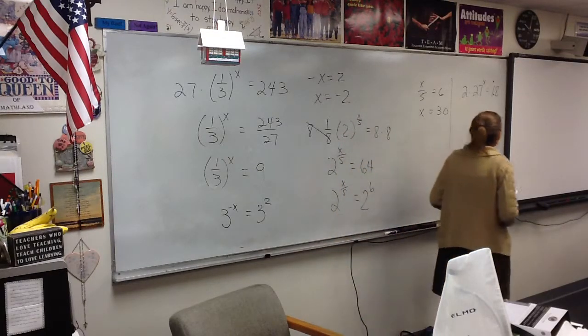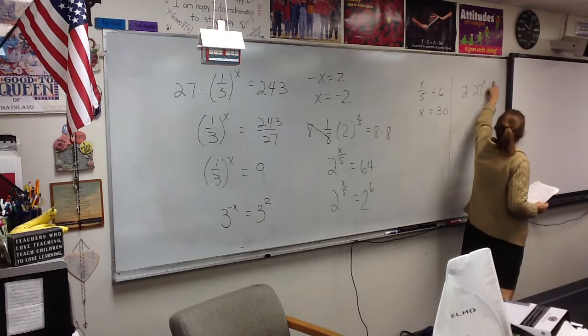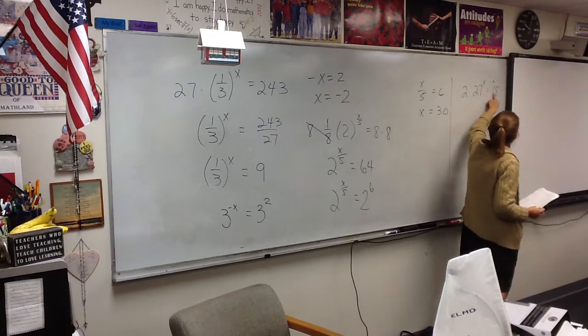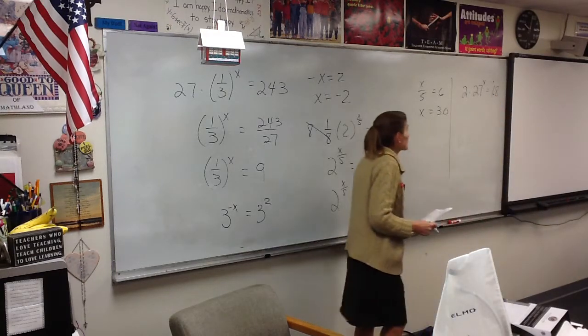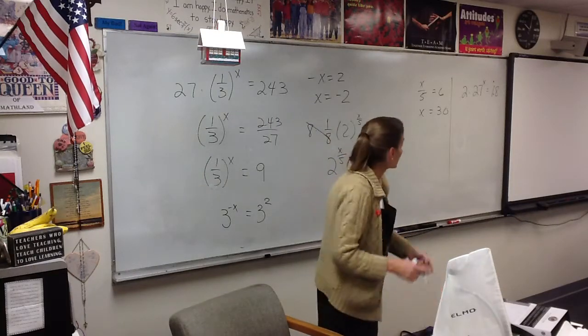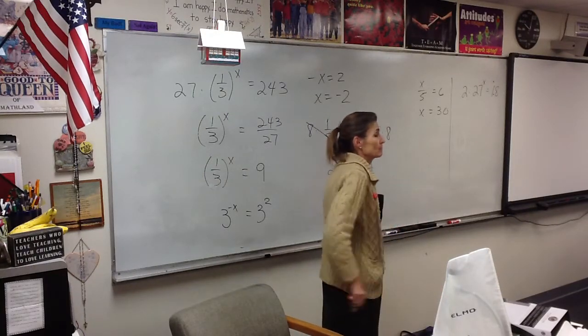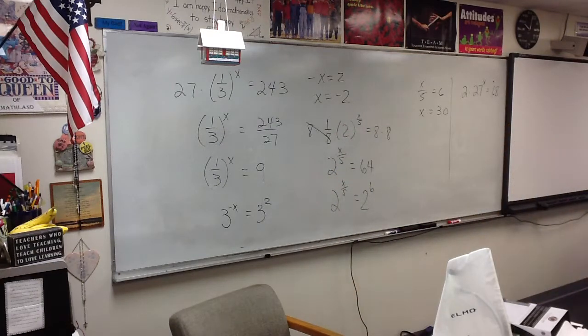It's 18. So 2 times 27 to the x equals 18. See if you can figure this out. No talking. There's just some holes in the blackboard for some reason.